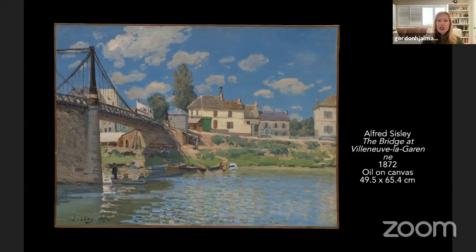Now you can see a softer palette than if we were to compare it to, let's say, the work of Monet or Pissarro. There's a softer palette, and again, he was very much interested in some of the Dutch painters he looked at. What is really important in this painting is the bridge. The bridge was interesting not only to Sisley, but to Turner.